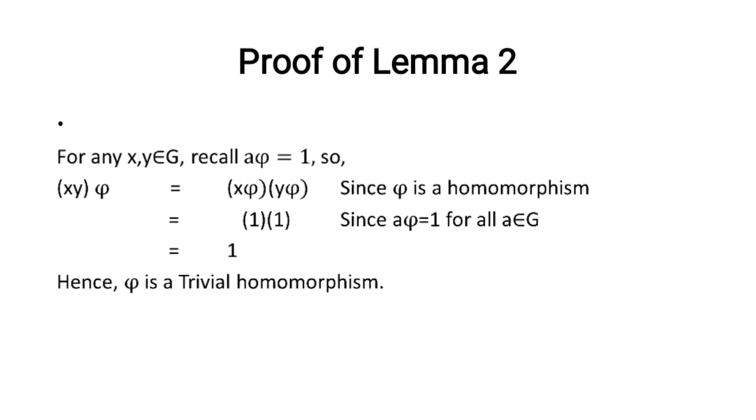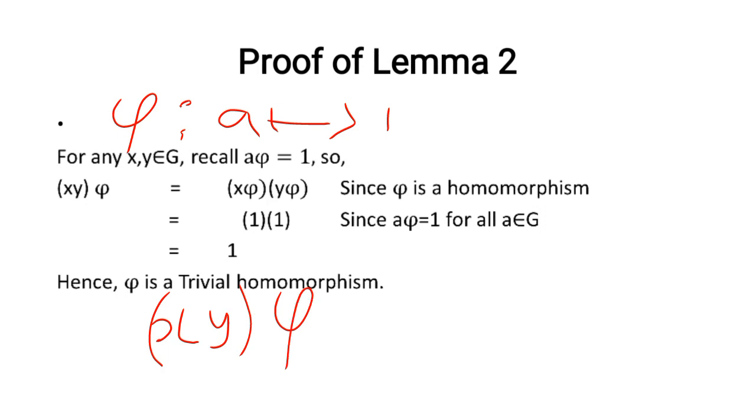The next one we want to show is that the map, the homomorphism, such that A is mapped to 1 is a trivial homomorphism. To show that it is trivial, we have to show that it satisfies the condition of a homomorphism. What does homomorphism say? It says if you pick 2 elements, it will split it in 2.